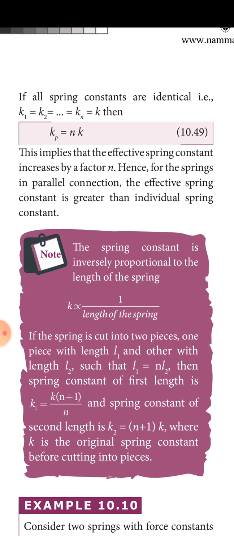This implies that the effective spring constant increases by a factor of n. For springs in parallel connection, the effective spring constant is greater than that of an individual spring.